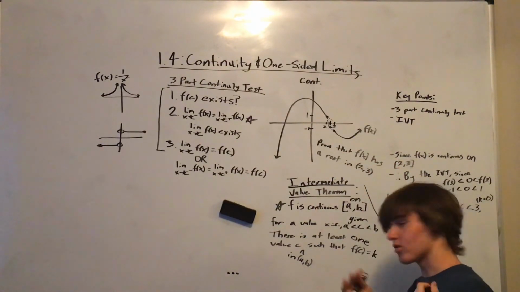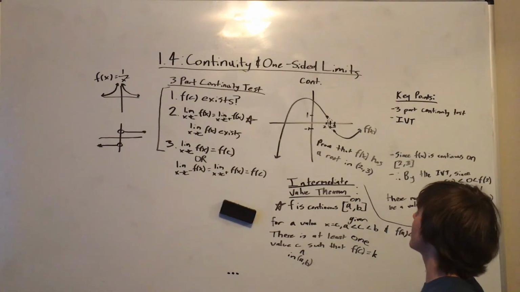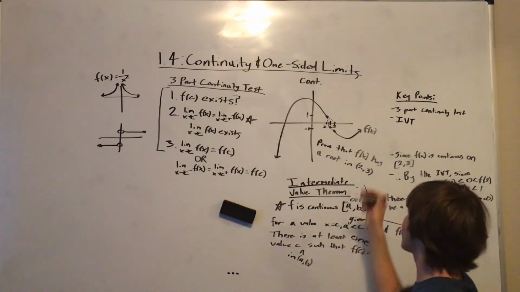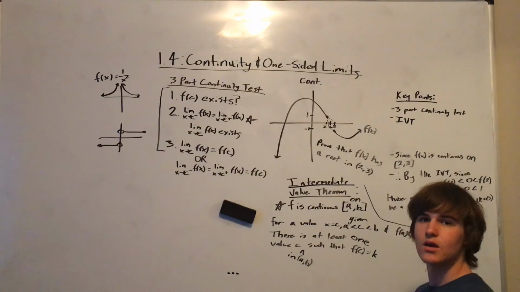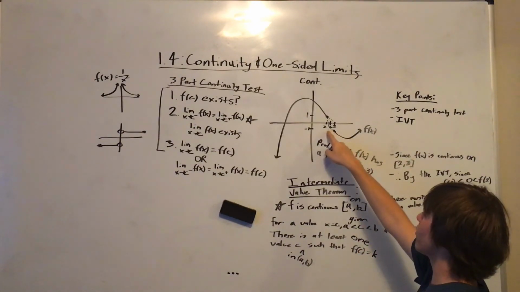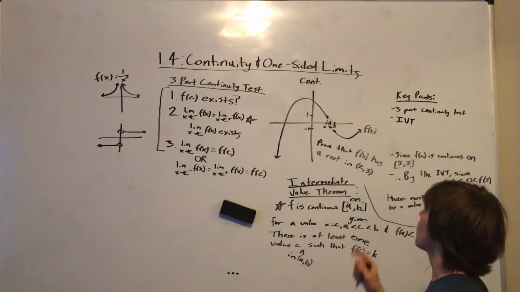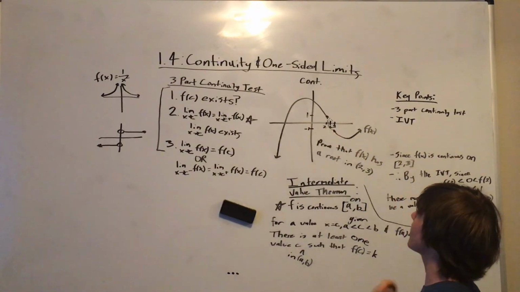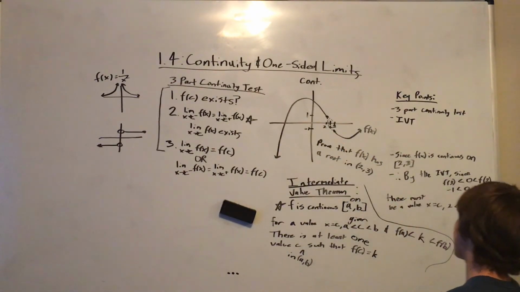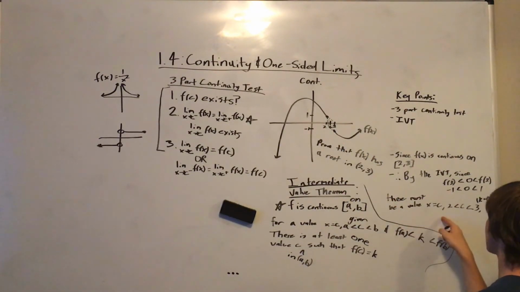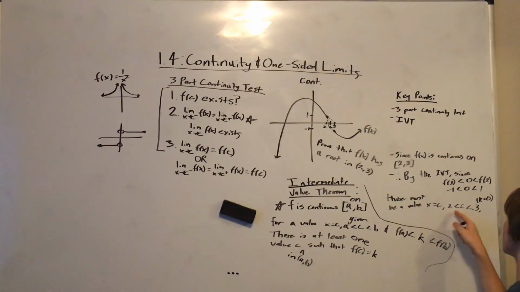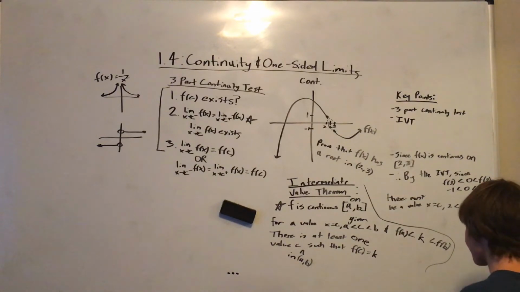If you don't know what a root is, it's just a 0, a point where the function crosses the x-axis. There has to be at least one point c where the function crosses the x-axis by the IVT. There must be a value x equals c, given that 2 is less than c, but c is less than 3.